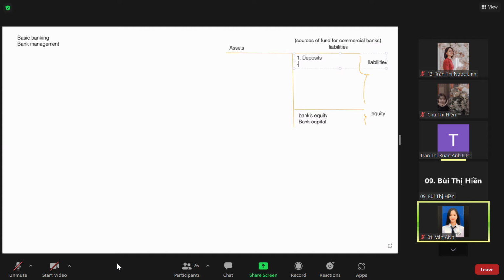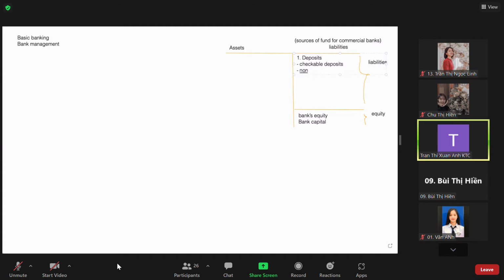Yeah. And then in here we have checkable deposit, checkable account, right? And we have something here that is non-transaction or non-checkable deposit. It's kind of small over here, so I don't write more.